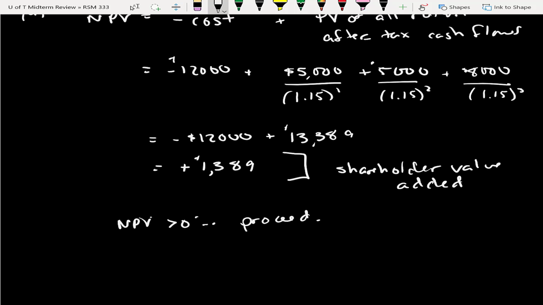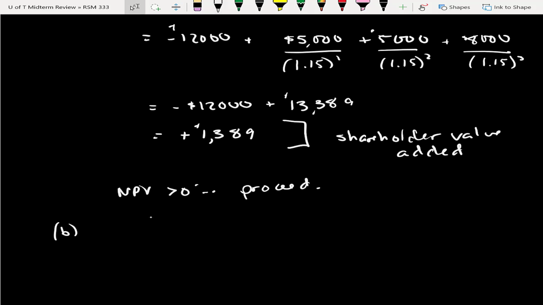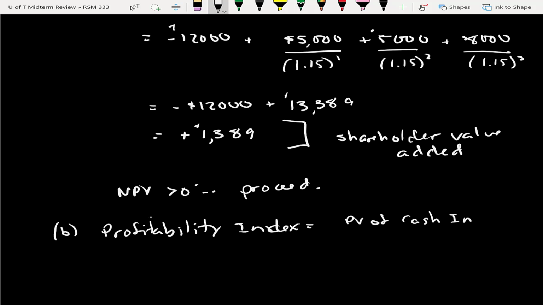So very straightforward. Part B, once you've done the NPV, is very easy to find. Profitability index is equal to the present value of the cash in, so the cash inflows, divided by the present value of the cash outflow.